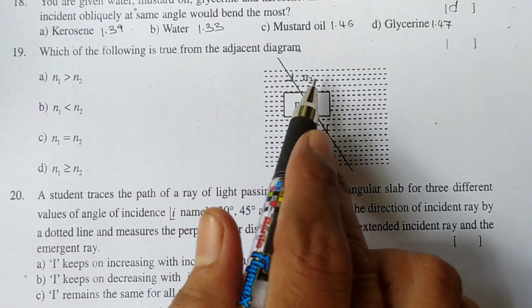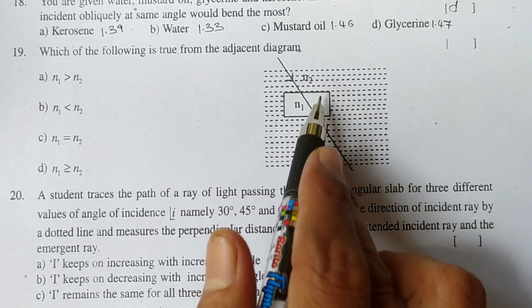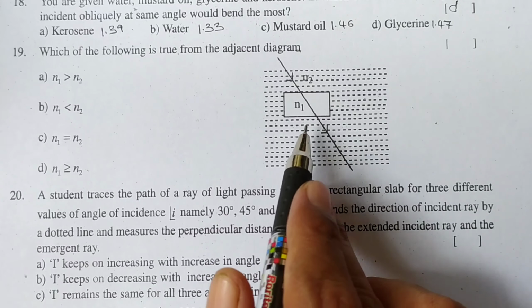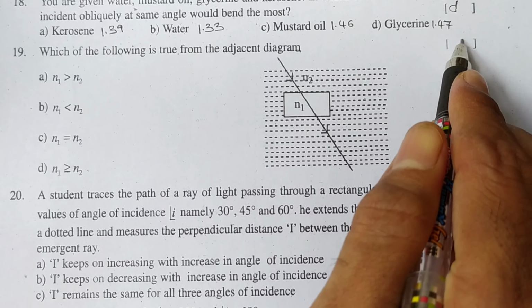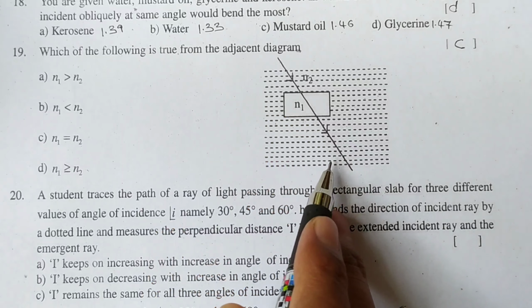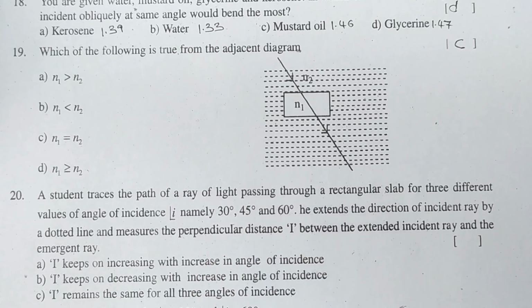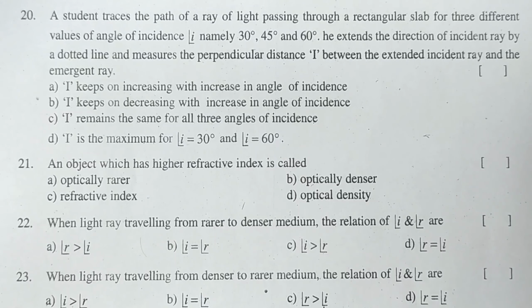So here n1 equals n2. Only under this condition it won't get any kind of bending, meaning refraction doesn't take place. Now we see question number 20.